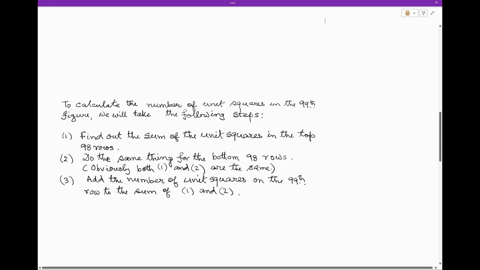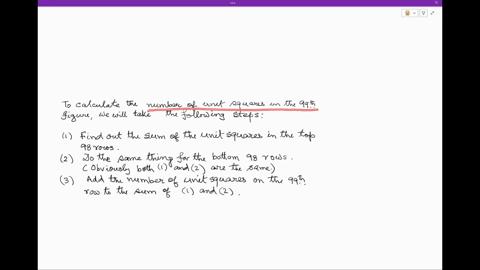To calculate the number of unit squares in the 99th figure, we will take the following steps. Step number 1 is to find out the sum of the unit squares in the top 98 rows. That is, not only the 98th row, but from first row, second row, third row up to 98 rows.